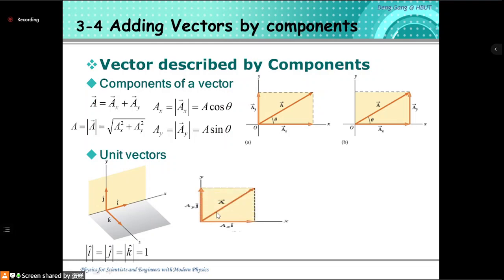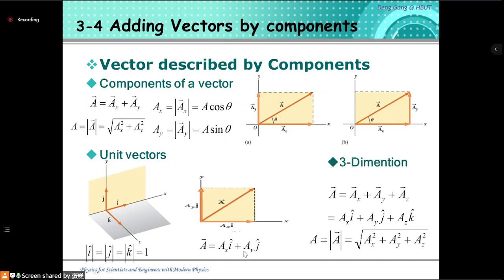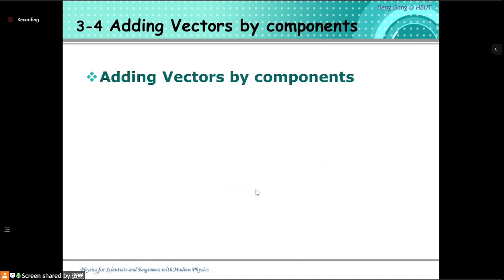We can express this vector A in another way: A_x i plus A_y j, which is also x i plus y j, because A_x is equal to the coordinate x, and A_y is equal to the coordinate y. So that can help us use the coordinates to express the vectors. That's why we need the component form.